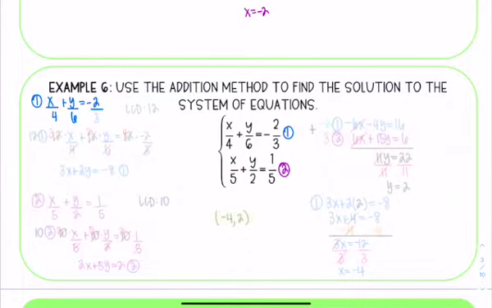And we need to get rid of the fractions, and so we need the LCD. What would be the LCD in this case? Well, the LCD between 4, 6, and 3 is going to be 12. So we need to multiply each piece by 12.